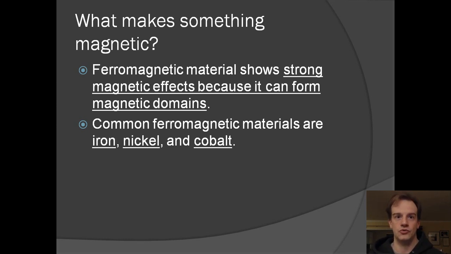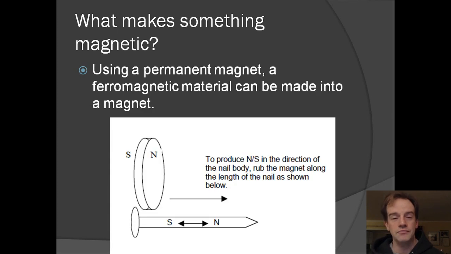Neighbors next to each other. And we can make something ferromagnetic into a magnet by using a permanent magnet. If we can get all those domains in the object to go the same direction, we can give it some magnetism. We can do this by running a magnet along something like a nail or a paper clip.